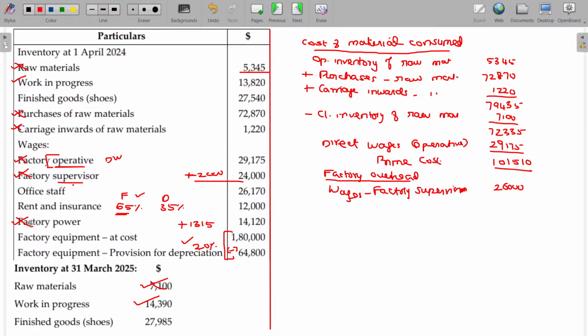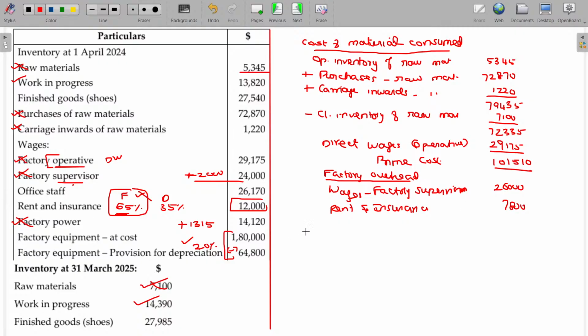And here is also rent and insurance up to this percentage: 65% of this 12,000, 7,800 will come here.